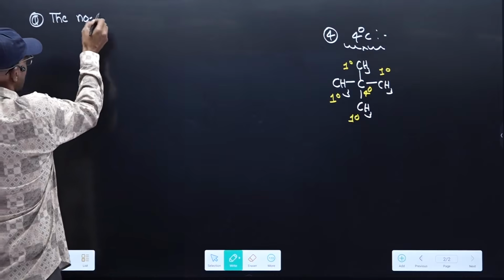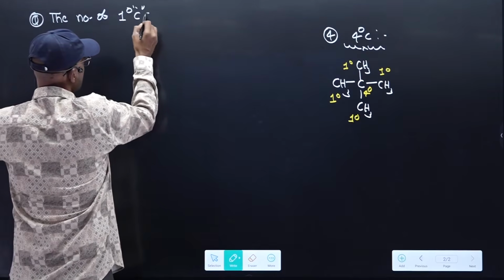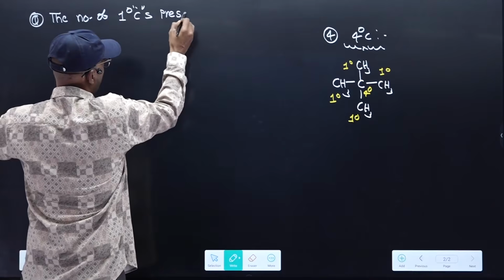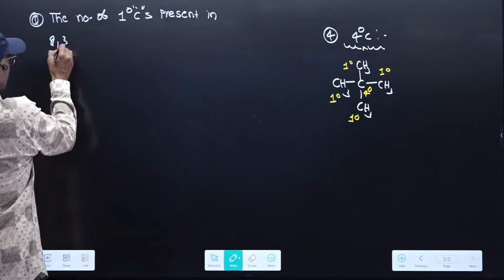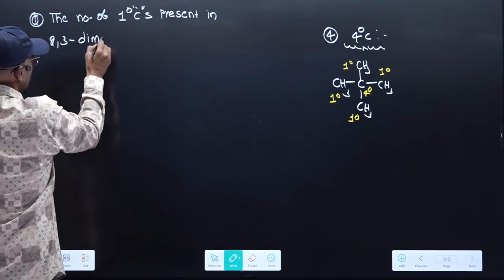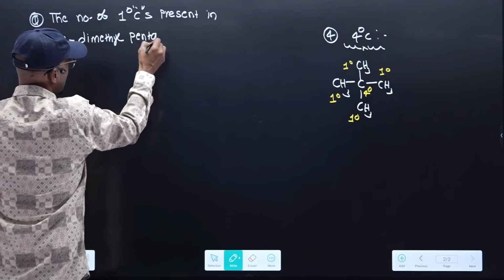Right. Take one question. The number of primary carbons present in 2,3 dimethyl pentane is.